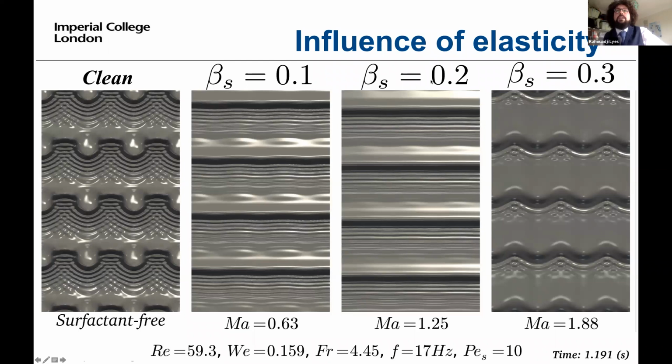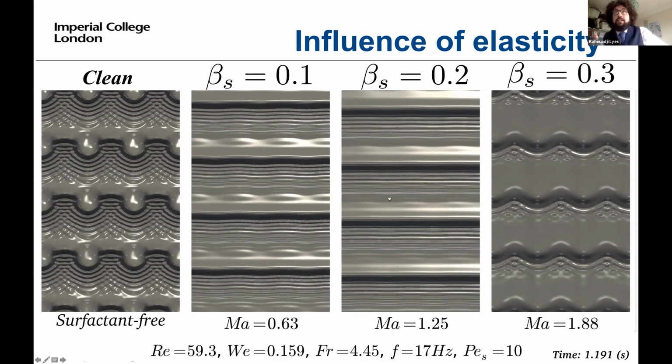But a smaller elasticity is a bit too weak to kill these capillary waves, but it kills the spanwise perturbation quickly. This is the example.